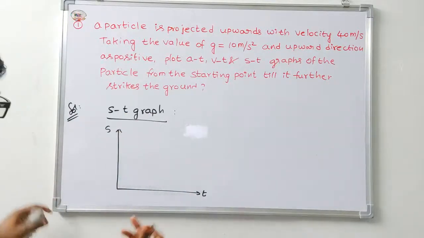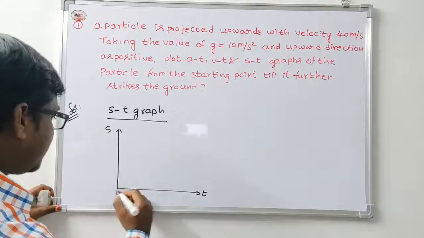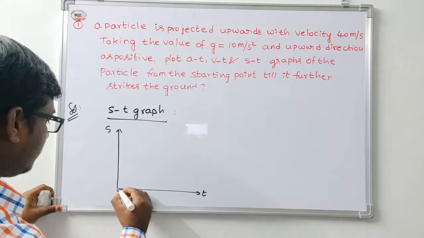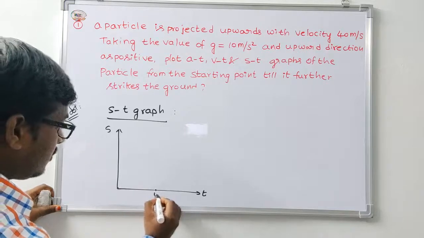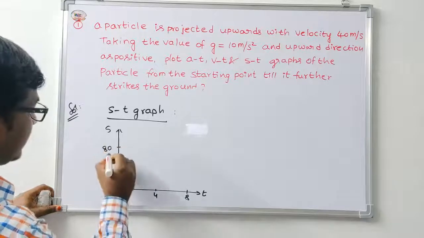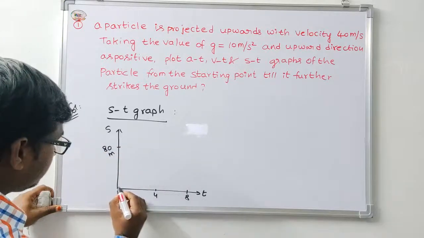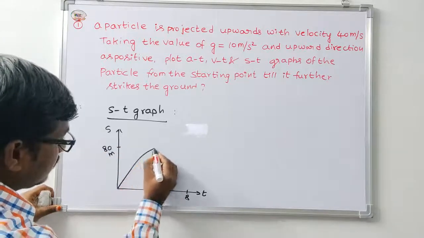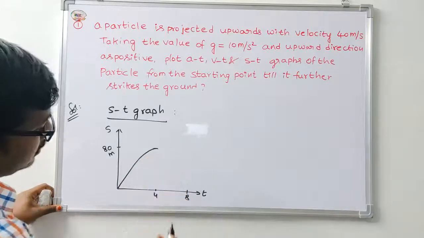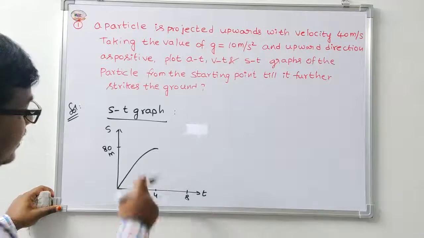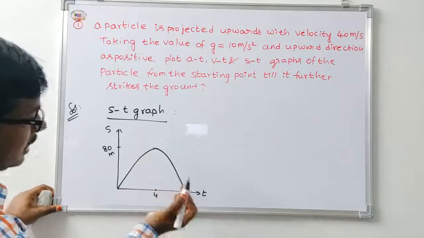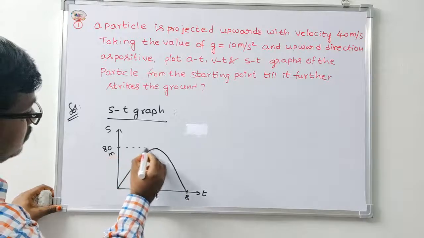Okay, first the displacement increases in the forward direction up to maximum height, that is 80 meter. Then the displacement decreases from 80 to 0.